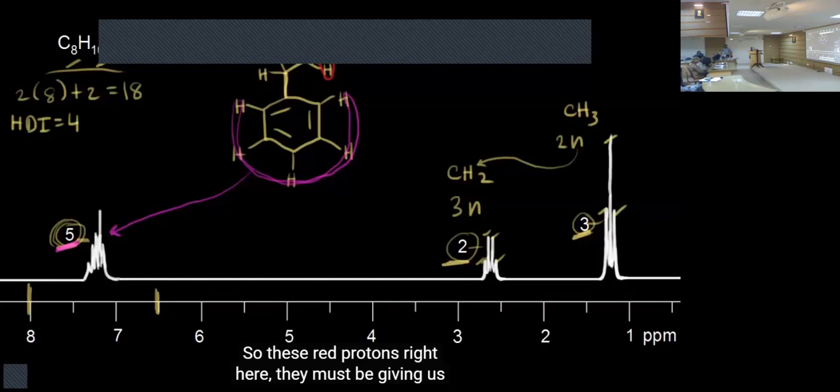So n plus 1, 3 plus 1 is 4. So Aisha will split into a quartet, 4 signals. One peak is split into 4 signals. And this splitting pattern just shows the number of neighboring protons. It doesn't mean how many protons you have yourself.